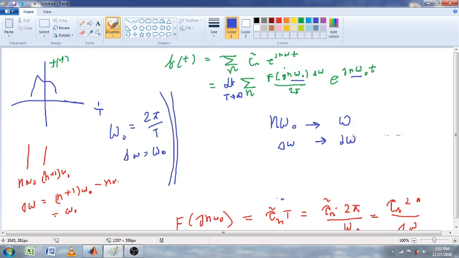These are the two changes that I have to anticipate, and if we make these two changes, then what happens to my formula? It turns out to be simply f(t), let me use a different color.